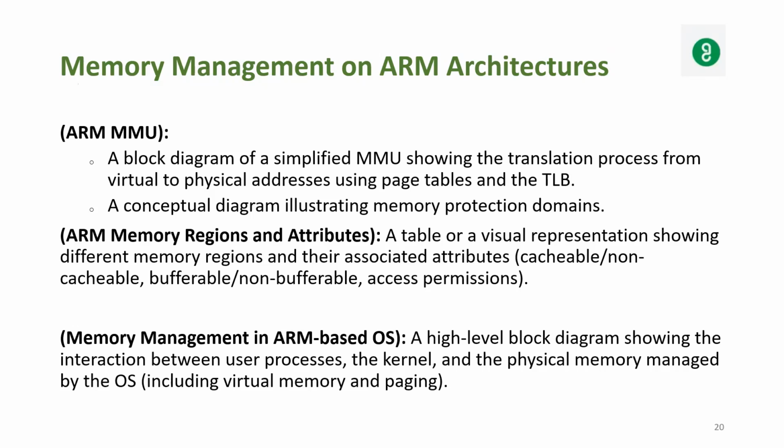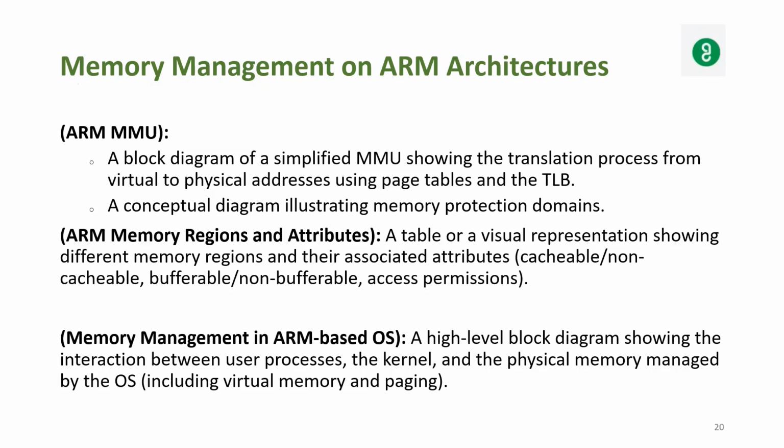ARM memory regions and attributes. Different memory regions and their associated attributes. That is, we have seen cacheable, non-cacheable, bufferable, non-bufferable, and access permissions. This we have seen earlier.